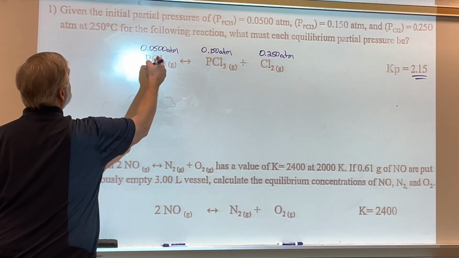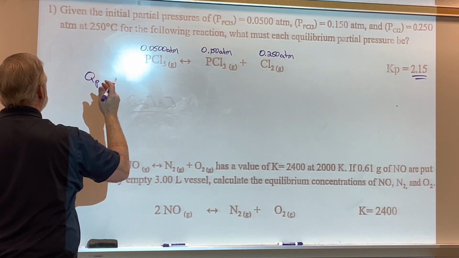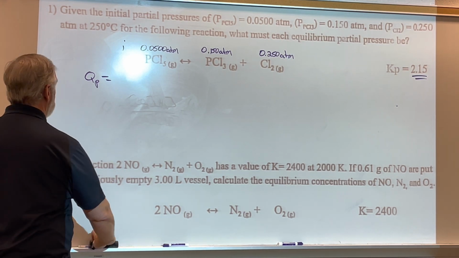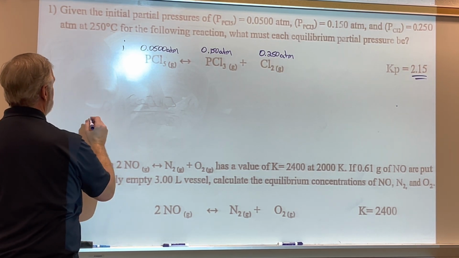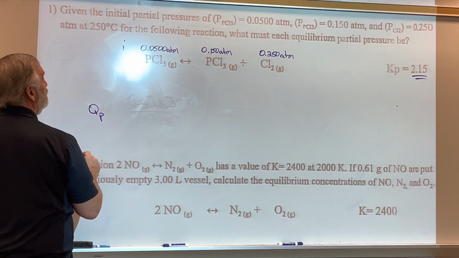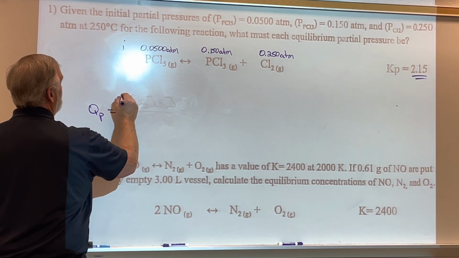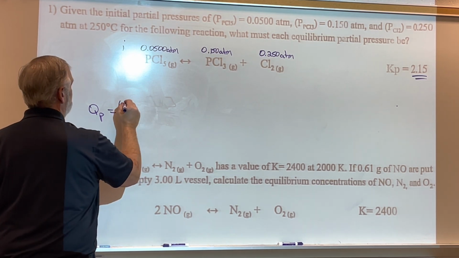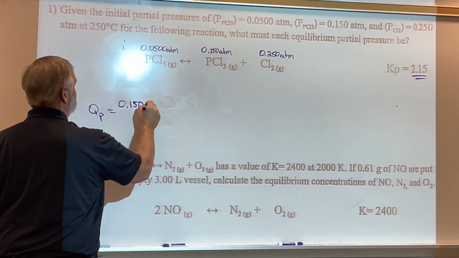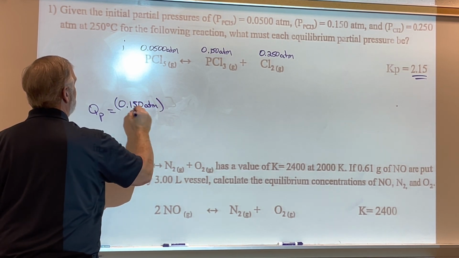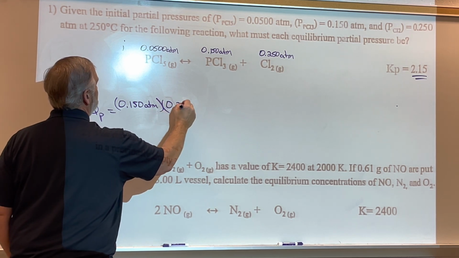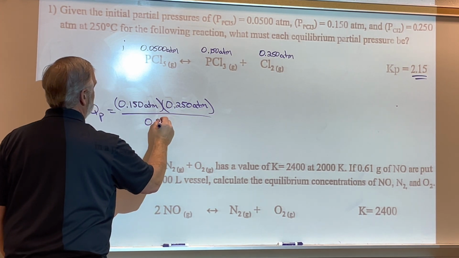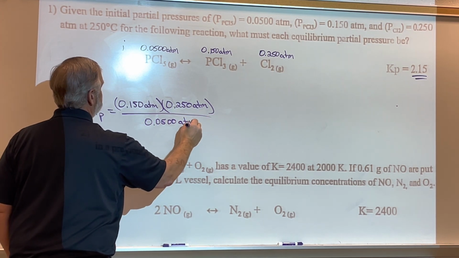This is gonna be atmospheres, so it's gonna be Qp. It's just like K, except it uses my initial concentrations. I'm gonna leave room to do my ICE table down below. Qp is gonna equal 0.150 atmospheres times 0.250 atmospheres divided by 0.500 atmospheres.